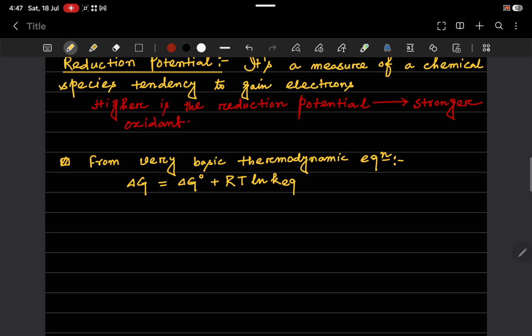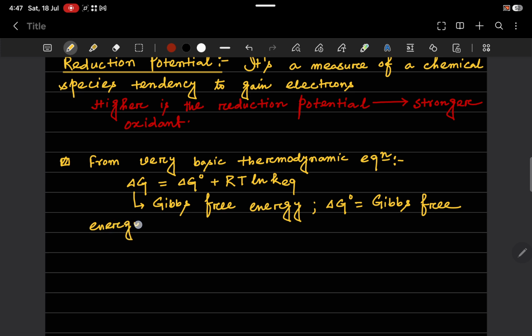I think everyone knows this equation. Here delta G is the Gibbs free energy, and delta G0 is the Gibbs free energy at standard state.